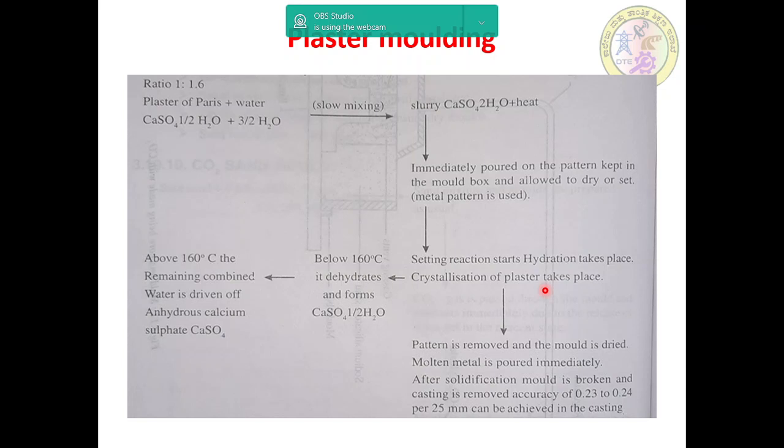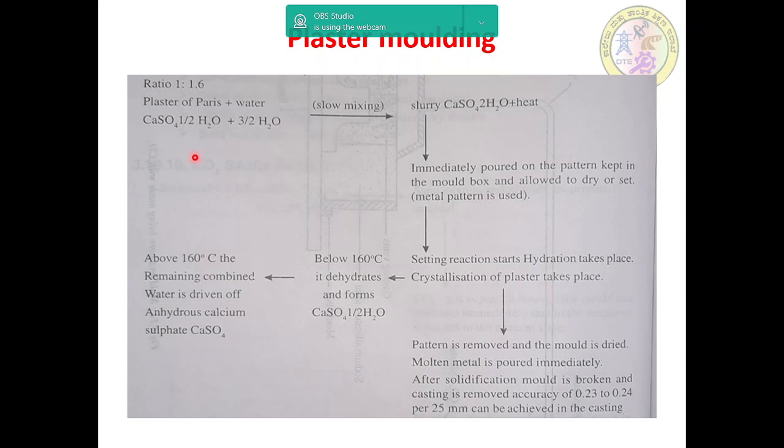A good surface finish can be obtained in plaster molding. High temperature alloys cannot be cast in the mold since plaster of Paris dehydrates and the mold crumbles. There is also a possibility of sudden release of water causing blowholes in the casting.